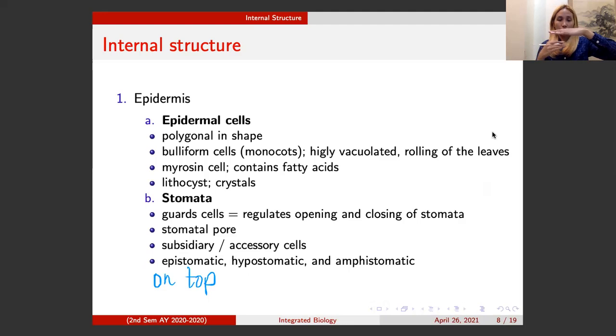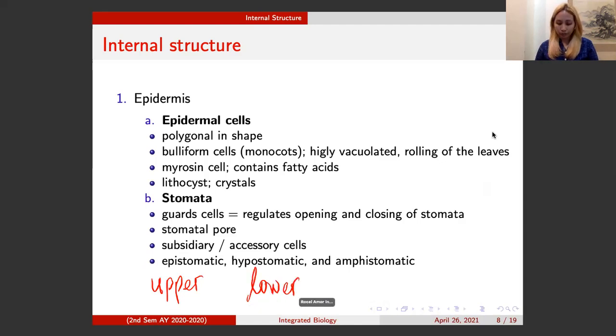lower epidermis. Okay, so to be more clear, epistomatic, you will find in the upper side of the leaf. Hypostomatic, you will find on the lower side of the leaf.